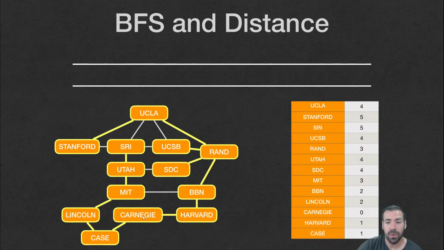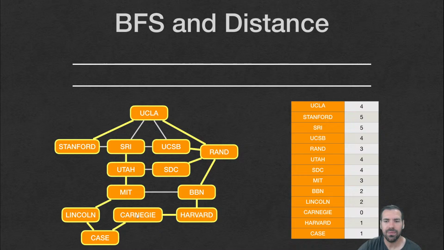Sometimes one or both of the actors aren't even in the graph. It's one of our edge cases. But if they're both in the graph and in the same connected component, one of them as a starting node, run breadth first search, and then look up your ending node. Say you want the distance from Carnegie to Utah. You're going to start at Carnegie or Utah. You could do it the other way around.